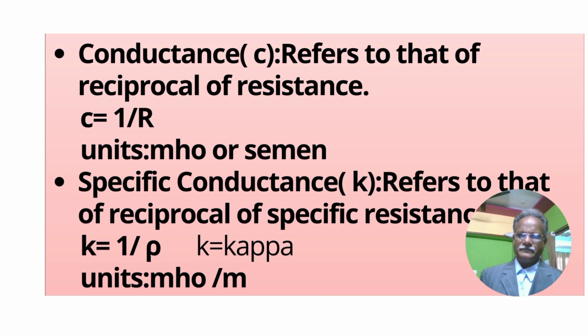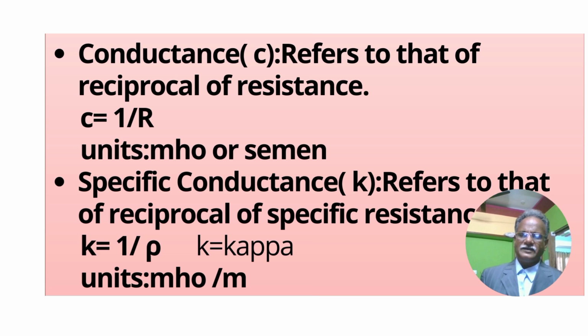Specific conductance. Specific conductance refers to that of reciprocal of specific resistance. In other words, this can be defined as the conductance of the substance having unit length and unit area of cross section.